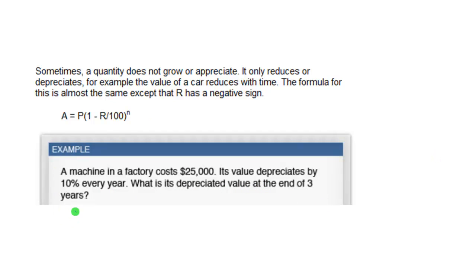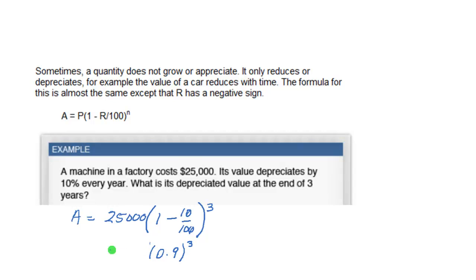So your original amount is $25,000. That takes the place of your principal. Now you need a subtraction sign here because you're depreciating, and it's 10%. And we're looking at 3 years. So here, again, we have 1/10. Be careful because here's 1 minus 0.1, which is 0.9, 9 over 10.